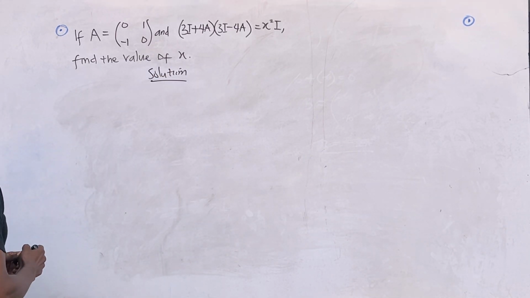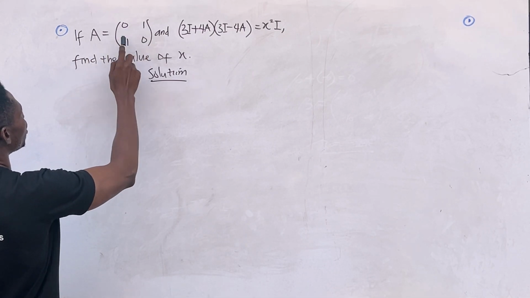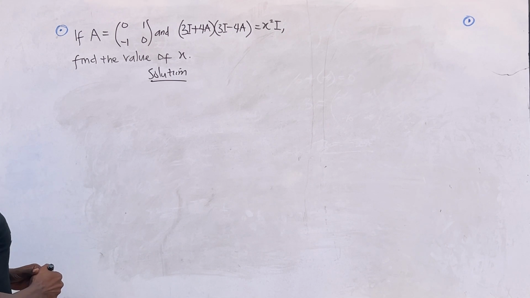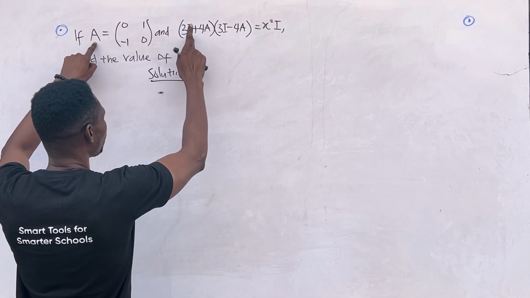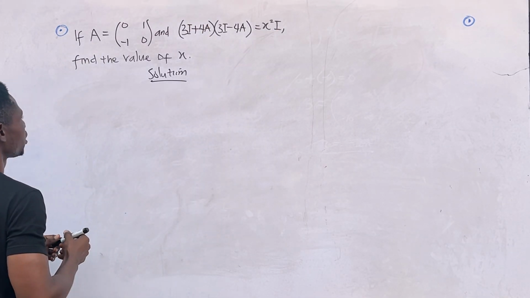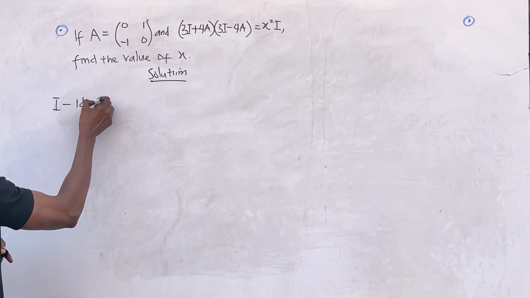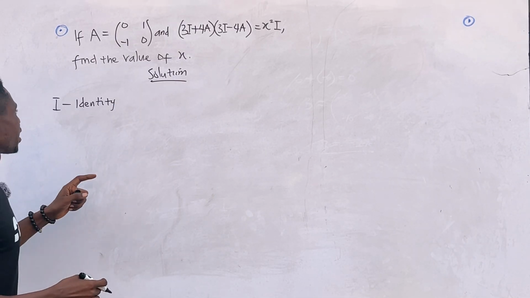Solution. Now, we are given this problem: A is 0, 1, minus 1, 0, and then we'll have 3I and A. So what is this I? This I represents what they call the identity matrix.